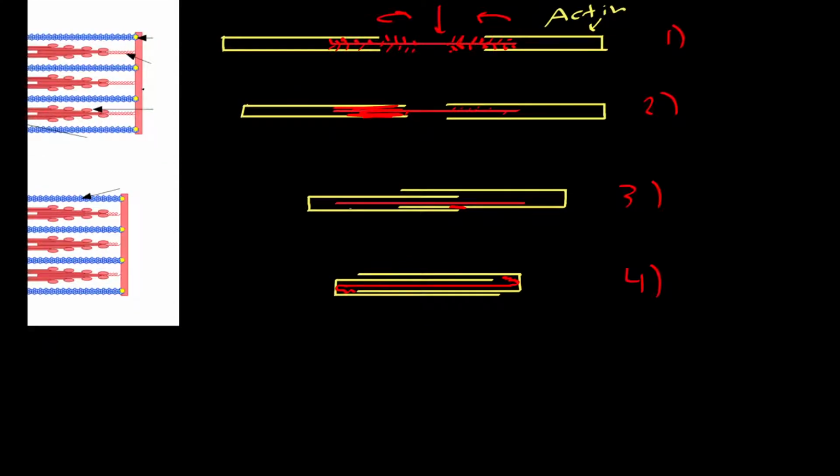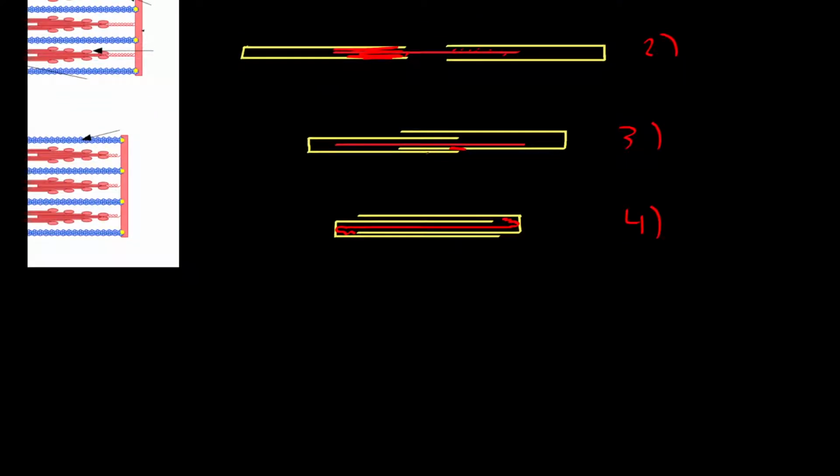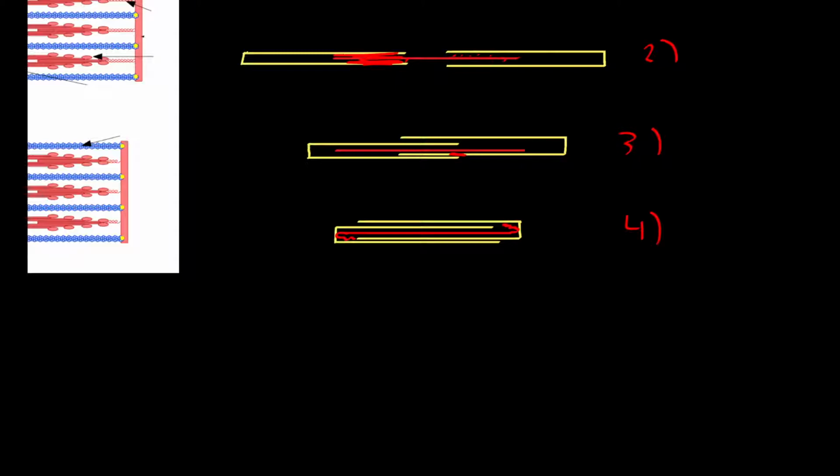So one way of conceptualizing how we would expect this behavior to manifest in terms of the force production capabilities of the muscle is as follows.